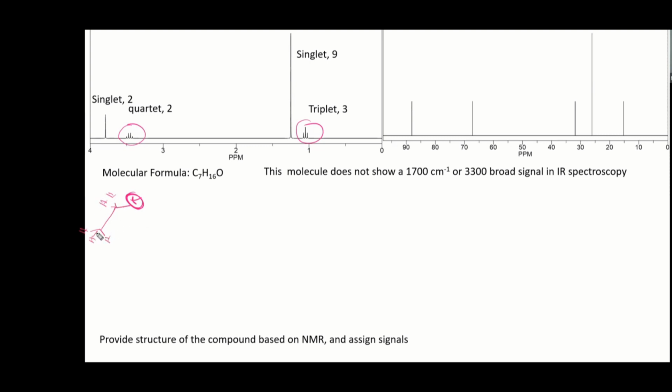These 2 CH2 hydrogens are going to make this into a triplet, and these 3 CH3 hydrogens are going to make this into a quartet. And since this is primary, this is going to be between 0.5 to 1.2, 1.3.